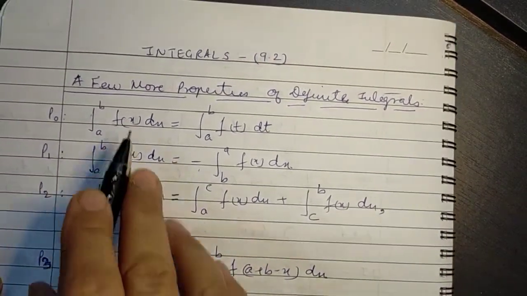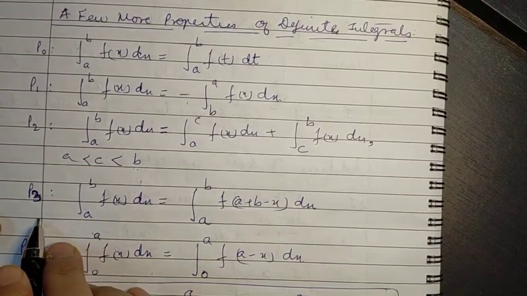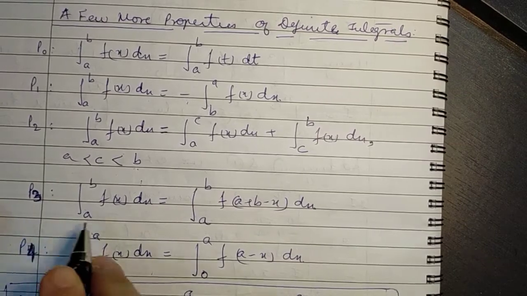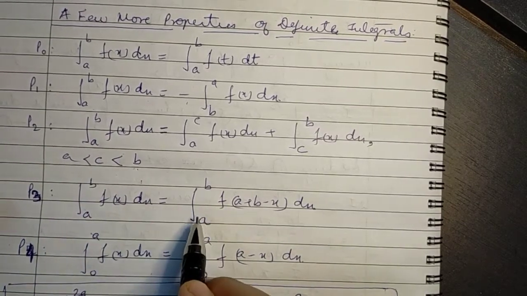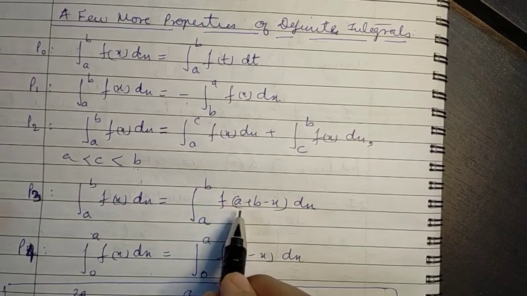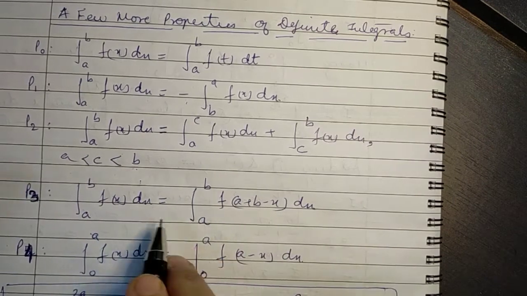These were the basic properties. Now let's move on to the next property, which we call P3. It says that the integral from a to b f(x) dx is equal to the integral from a to b f(a + b - x) dx. So what is so special in this?